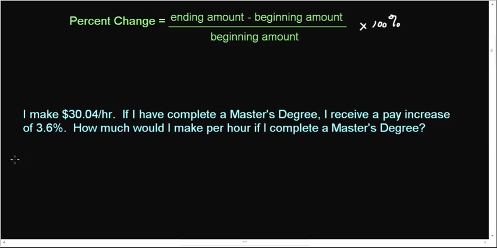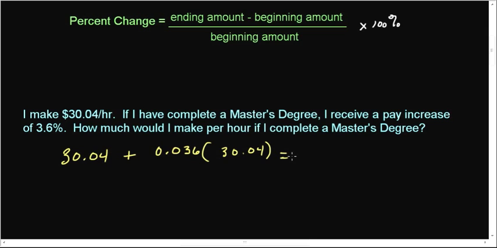If I start out at $30.04 an hour, I'm going to increase my pay by 3.6% of $30.04 an hour, and that's going to give me what I would make per hour. So all you have to do is take 3.6% of 30.04 and add that to your original amount, and that's what you get.